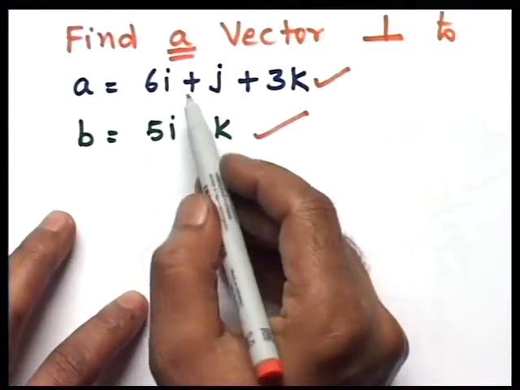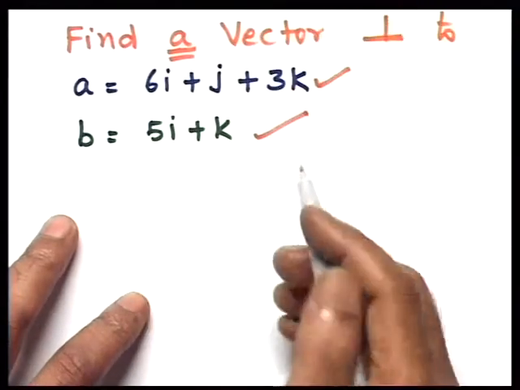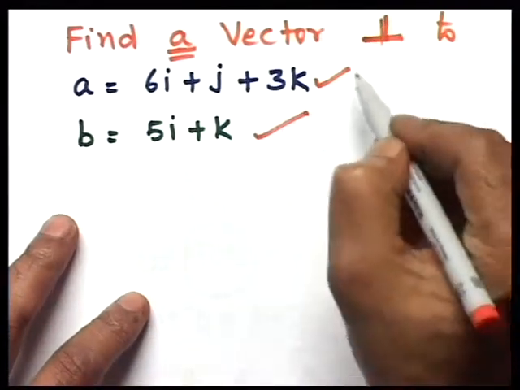You have an infinite number of vectors that make a 90 degree angle with those two. So our aim is to find just one of them. There is no unique answer for this. There are infinite number of vectors, okay?